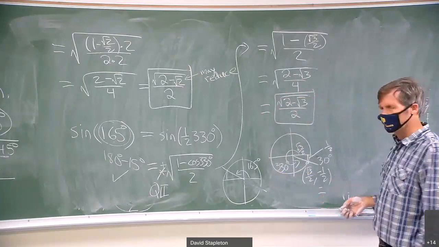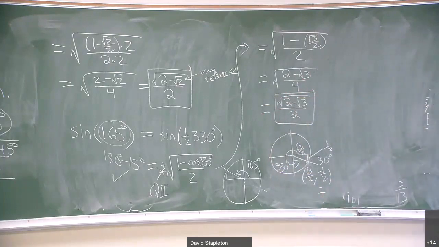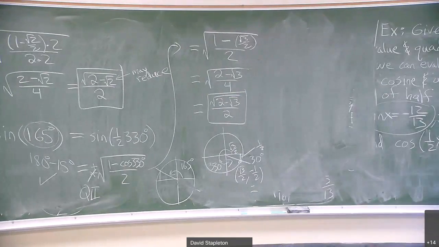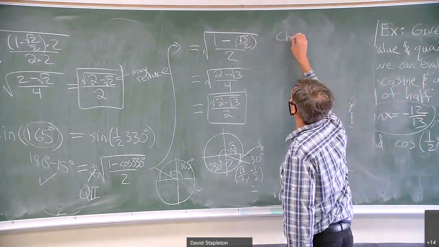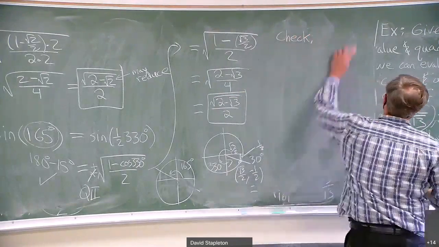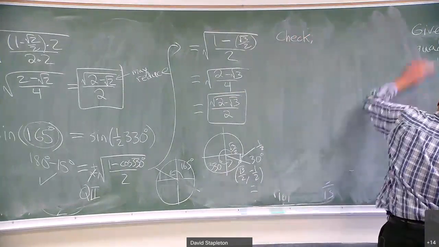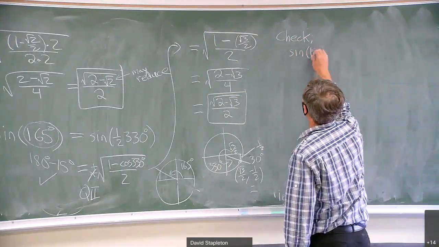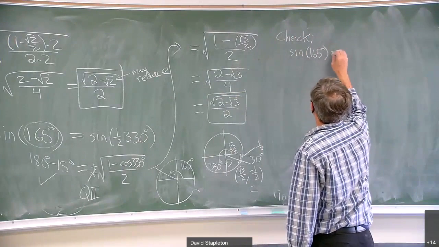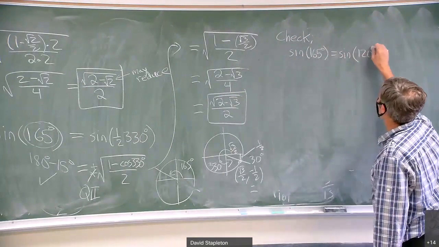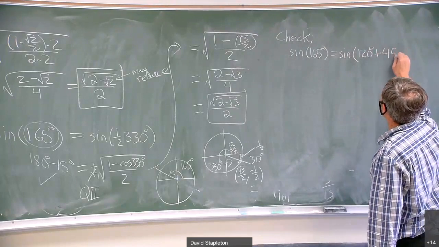Now just for a check, maybe I want to go do this. Let's check it. I know also that any multiple of 15 degrees can be done by the sum or difference identity. So I could do it this way. Sine of 165 degrees is sine of 120 plus 45, the sum of two special angles.